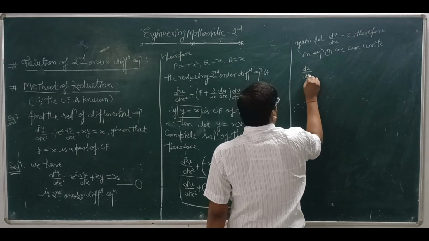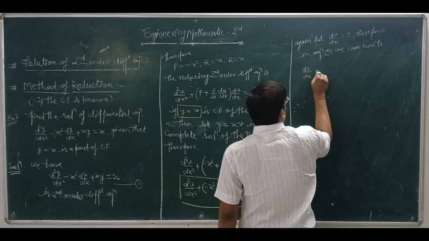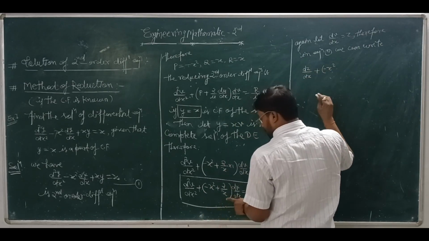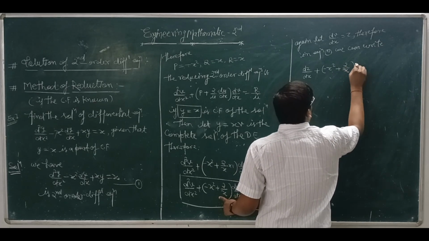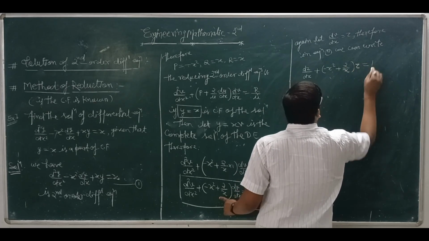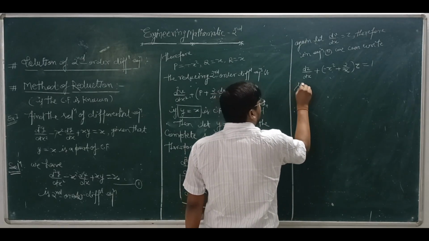We can write dz/dx plus (minus x square plus 2)/x into z is equal to 1.